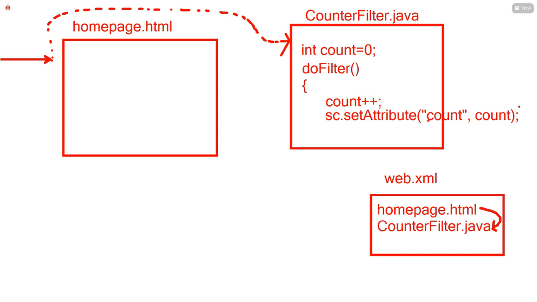Now we are counting views, so to avoid confusion, setAttribute with views count. Now this value is placed in the context.